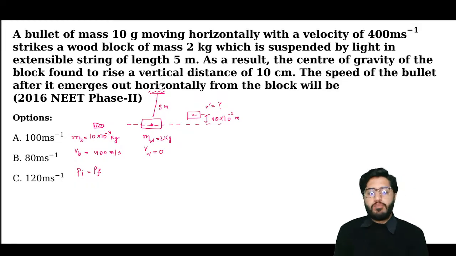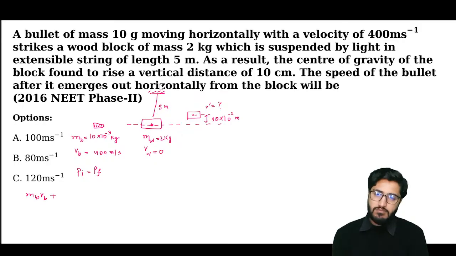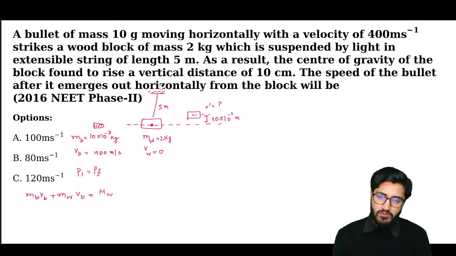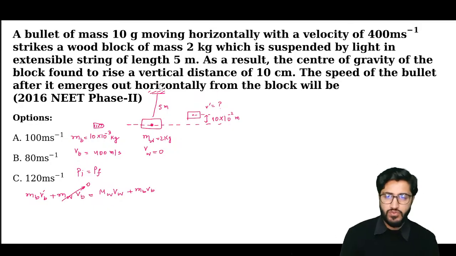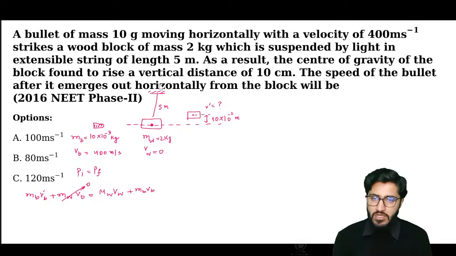Mass of bullet, velocity of bullet plus mass of wooden block, velocity of wooden block is equal to mass of wooden block, velocity of wooden block plus mass of bullet times v dash. The wooden block's velocity initially is 0, so I can put 0 there. Mass of bullet is 10 into 10 to the power minus 3. Velocity is 400. Done.